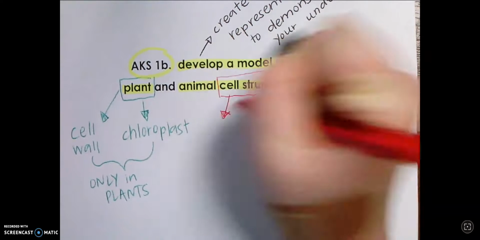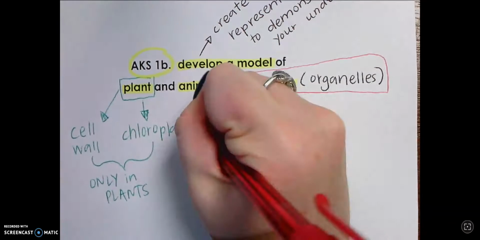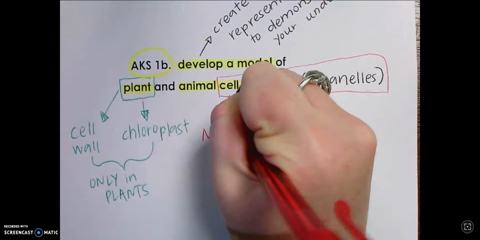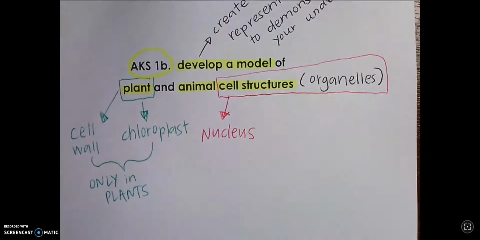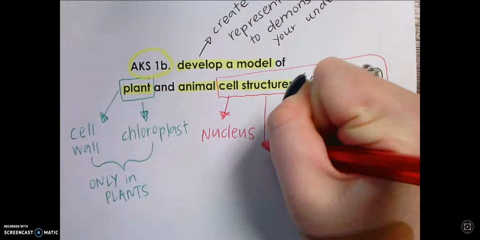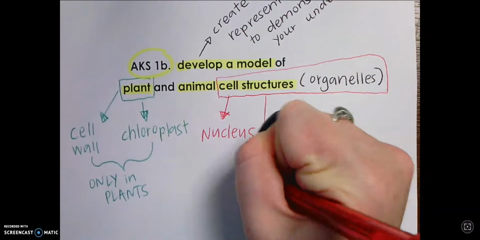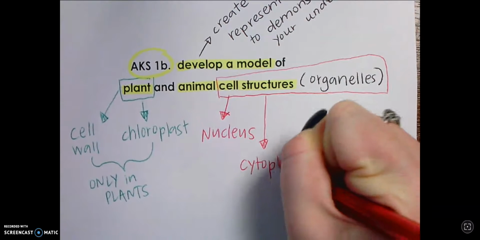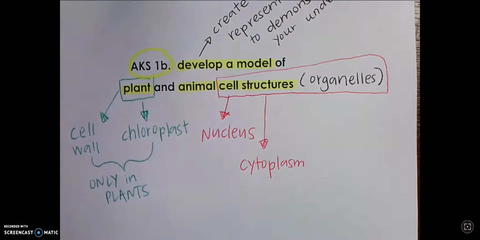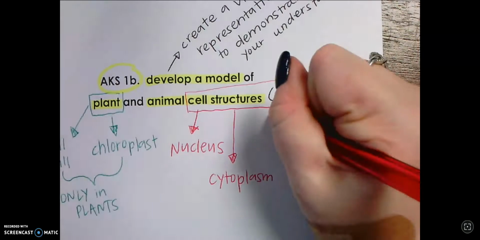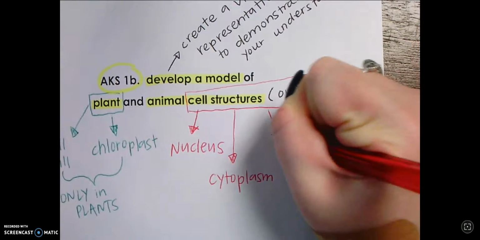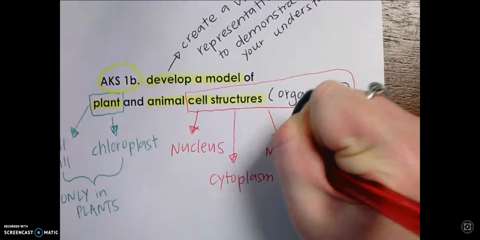My first little red arrow is going to be for the nucleus. My second little red arrow is going to be for the cytoplasm. My third little mitochondria arrow is going to go right here, mitochondria.